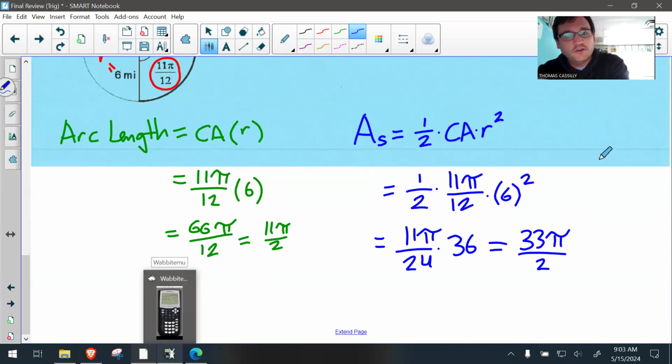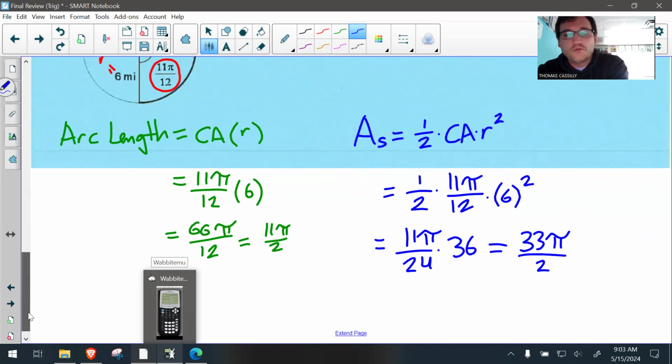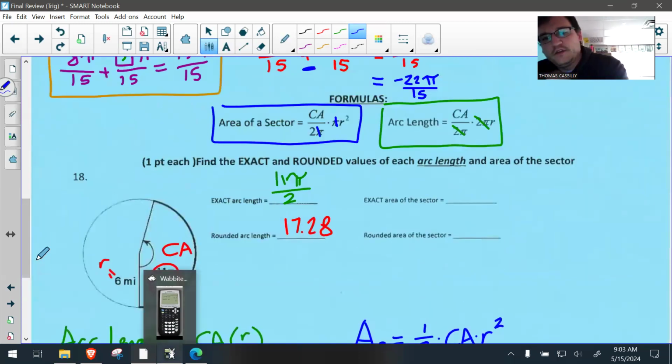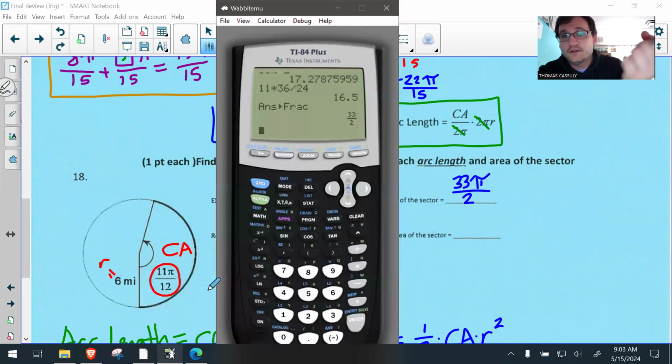So leave the pi off until the end. Think of it almost as a variable, because pi is an irrational number, so you cannot turn that decimal into a fraction. So the exact answer is 33 pi over 2. Now, if you want the rounded answer, take that 33 halves and multiply it by your pi, and it'll give you that decimal, which is 51.84.